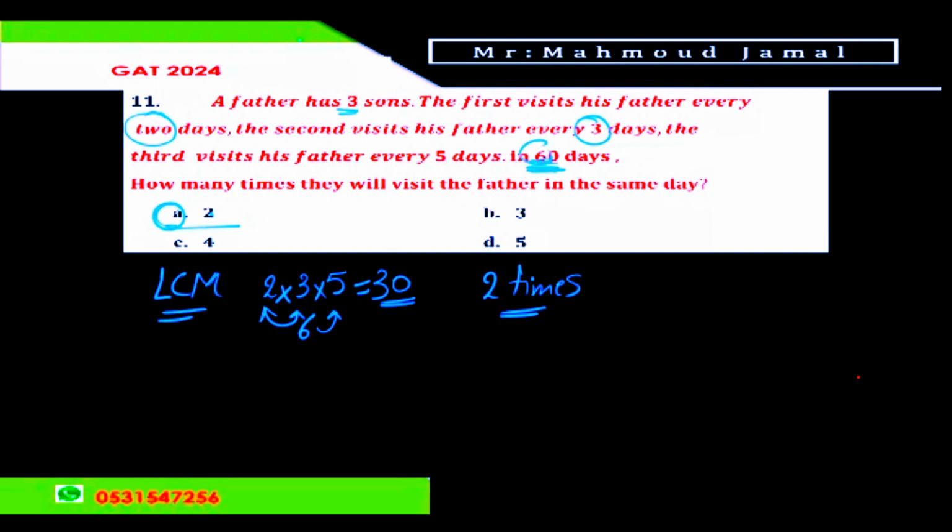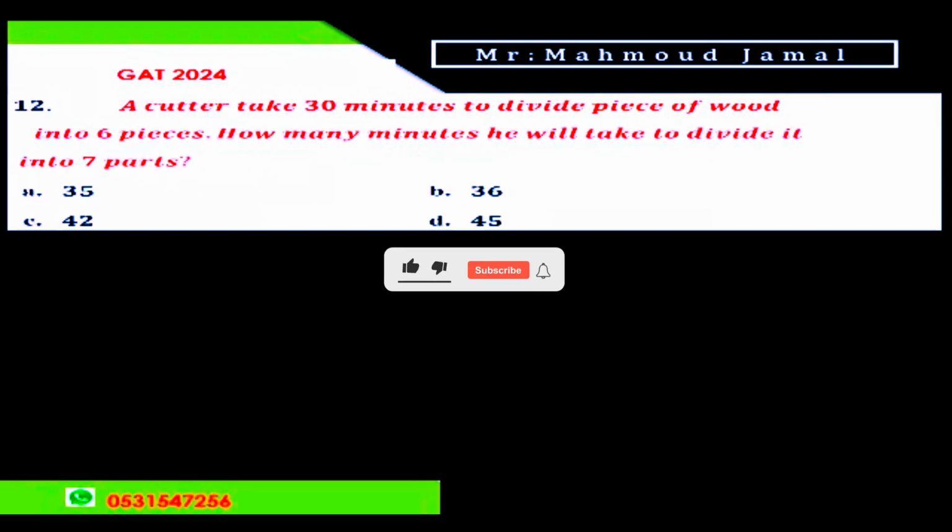The next one. A cutter takes 30 minutes to divide a piece of wood into 6 pieces. We have a piece of wood, and we want to divide it into 6 pieces. So I have the 6 pieces of wood: 1, 2, 3, 4, 5, and 6.